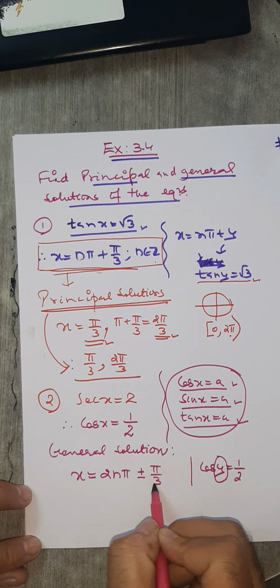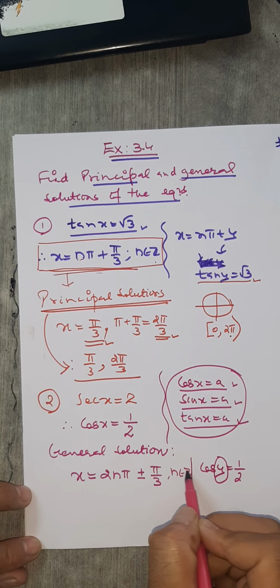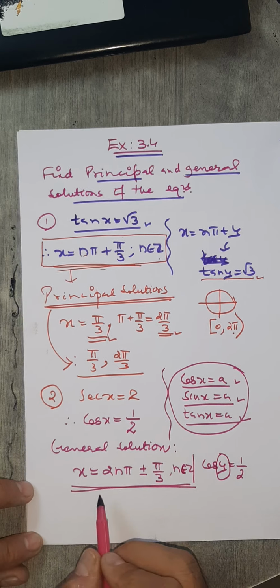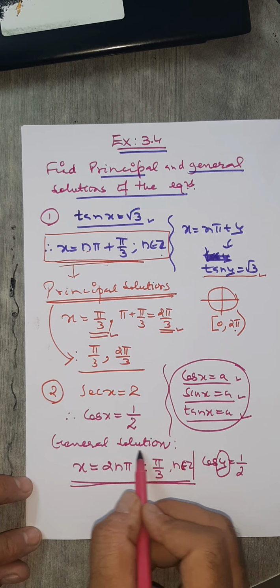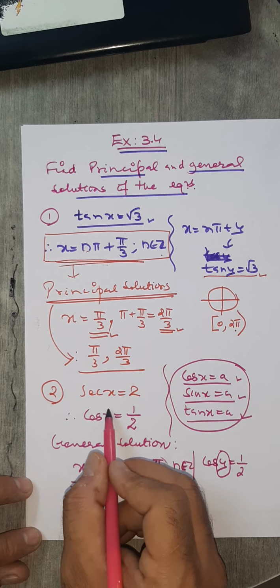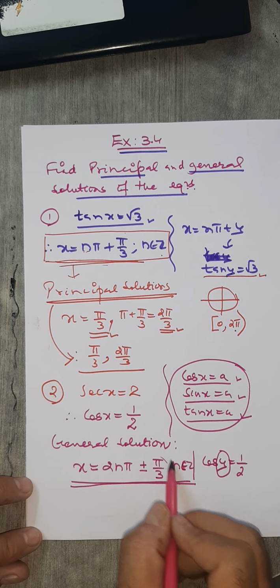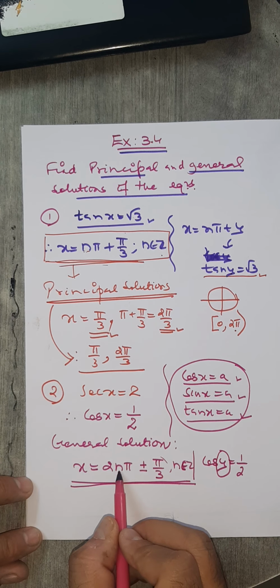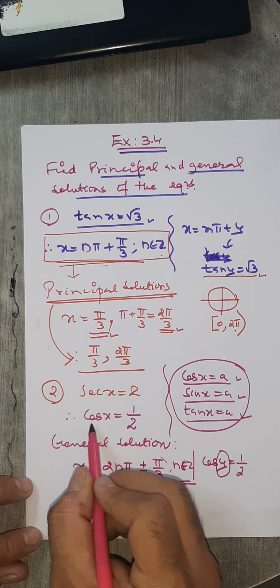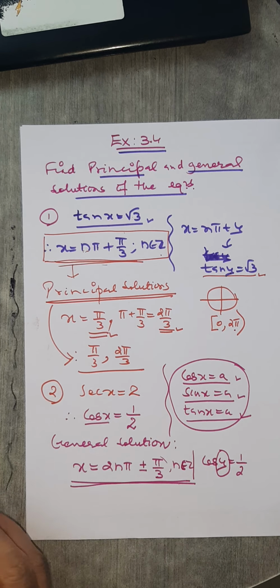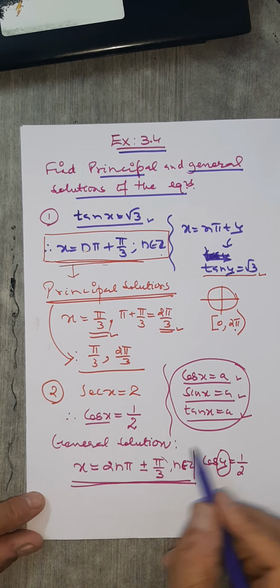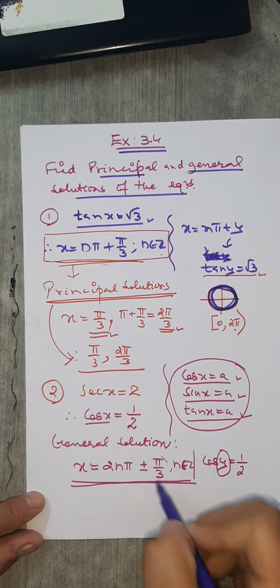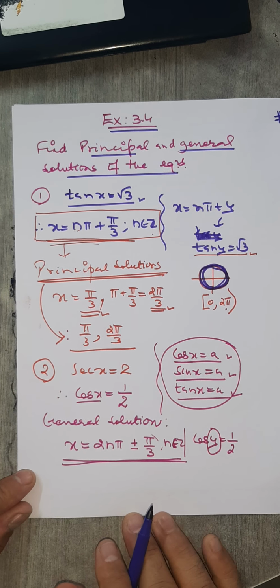So x equals 2n pi plus or minus pi by 3, where n belongs to Z. This is the general solution. I repeat again, these are the values of x which, if I place here, I'll get 1 by 2 every time. And these are infinitely many values, because n comes from Z. If I put n equals 0, you'll get plus or minus pi by 3, and you'll get exactly 1 by 2. And so on. Why is this happening? Because you are using the unit circle. By repeating this, you will have infinitely many values.